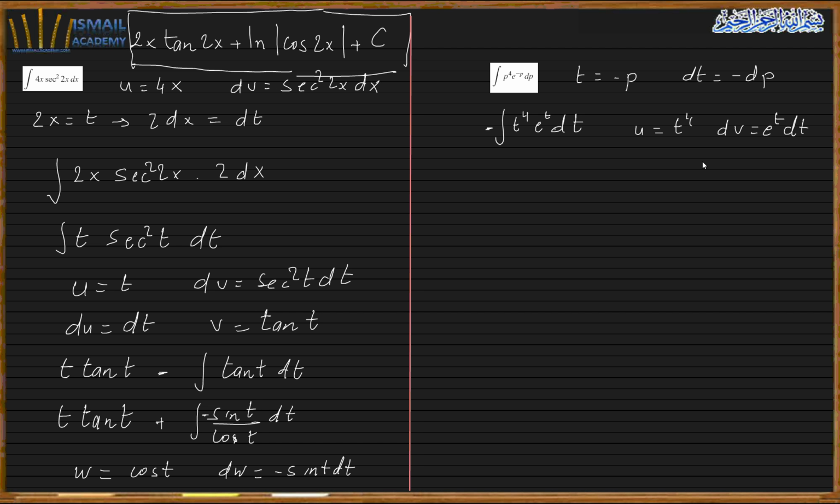You see, we always reduce by 1, so cube becomes 2, square becomes 1, so it's going to be e to the t dt.